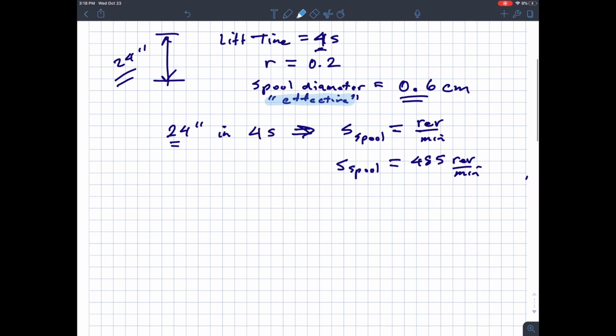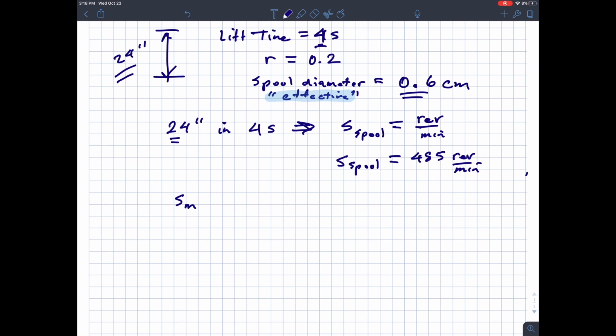Okay, so once I have that, I know a certain gear ratio. So we're doing a gear ratio of 0.2. Okay, and from that I could get the speed of the motor. And we're assuming the shaft didn't slip and the gears didn't slip, so there's no efficiency loss due to the speed.